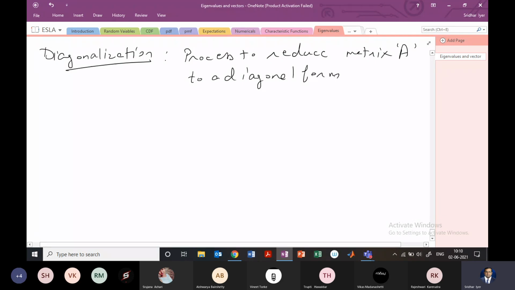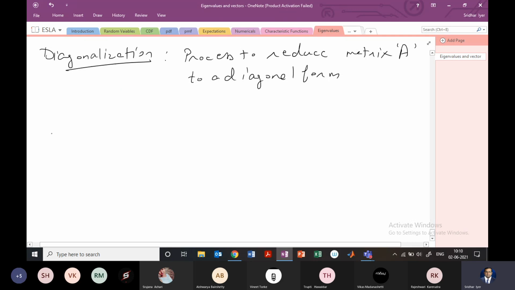The diagonal form would look like this: let's say you have a 0 0, 0 b 0, 0 0 c. It will only have diagonal elements. That is the diagonalization. For this we need to find the eigenvectors, for which we have to find the eigenvalues first.